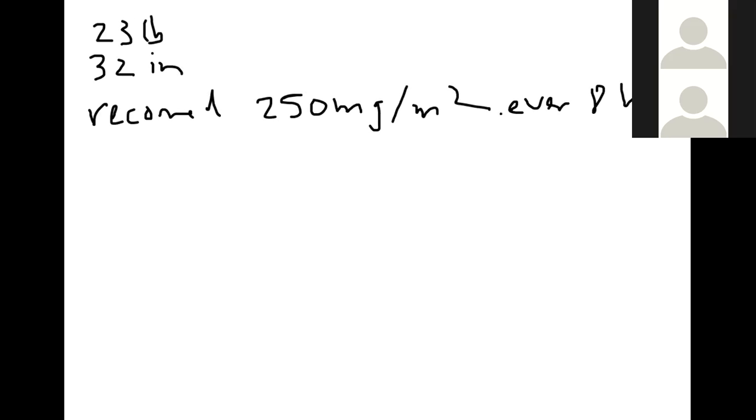And the physician has ordered 200 milligrams TID. So first of all, we want to know the dose of the patient. So we need to find out the patient's BSA in meters squared.